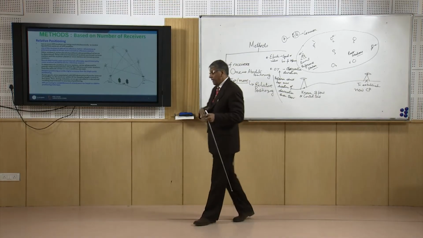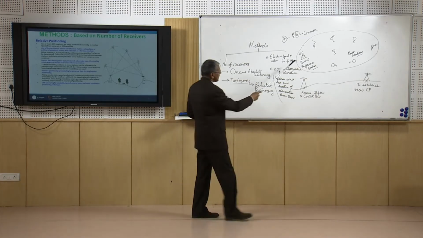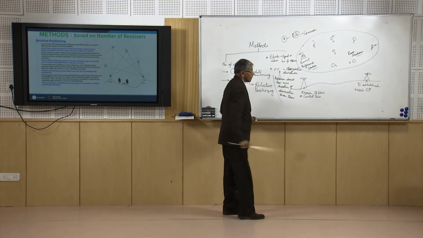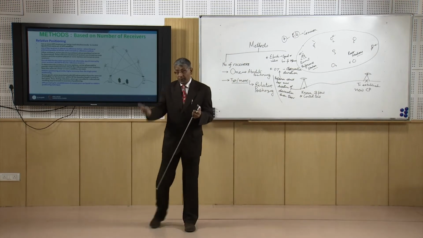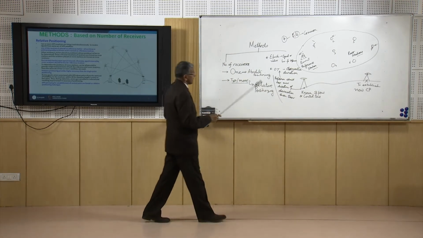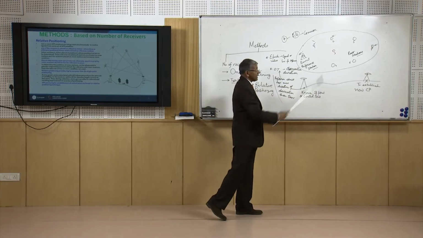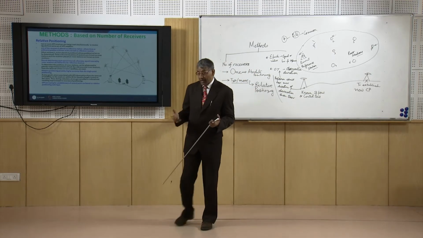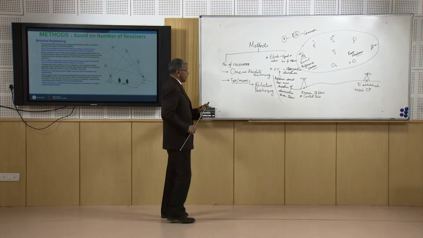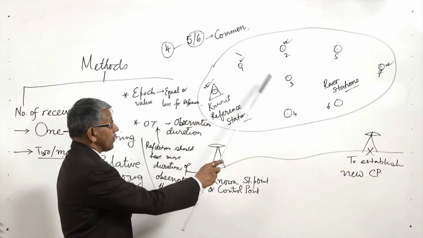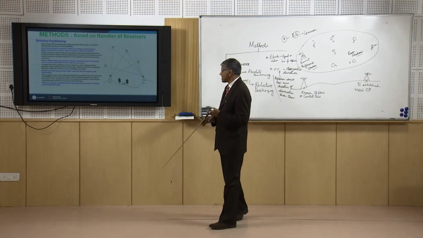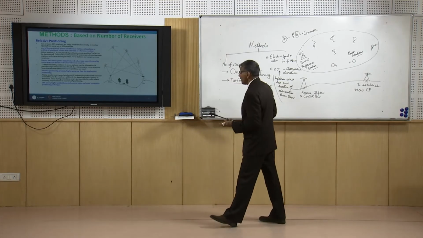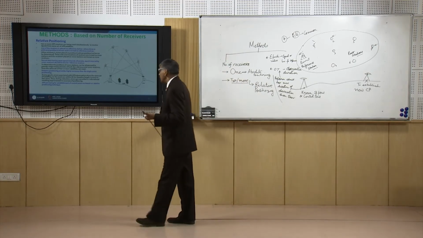As a result, the ionospheric error will be similar at reference and rover, and during processing we can easily remove the ionospheric error, which is the most dangerous. So this is the reason why we generally keep the distance between reference and rover within 20 kilometer.